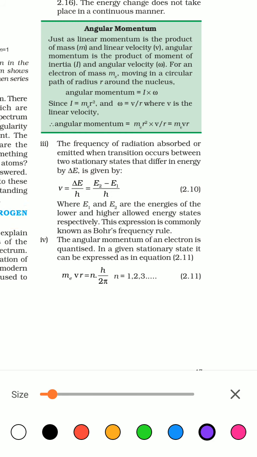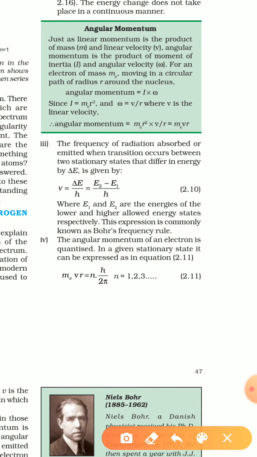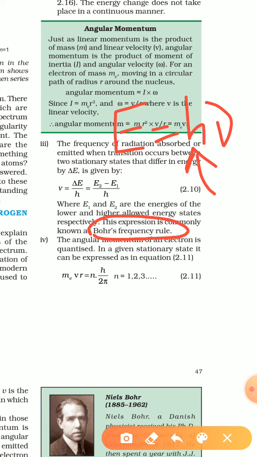The next thing that Bohr explained in his model was about the frequency of the radiation absorbed or emitted. This was a rule that Bohr described as Bohr's frequency rule. We all know that the energy of a particular substance depends upon its frequency, which we understood from the concept Max Planck explained, E equals h nu, right?